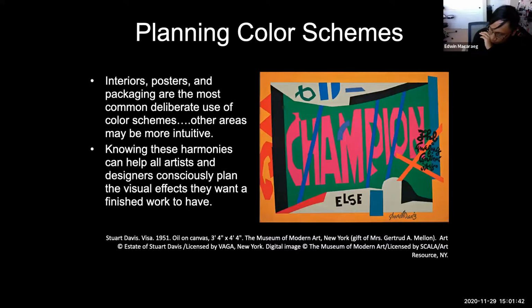And so many of these artists and designers plan out their color schemes in advance to make a more harmonious color scheme. So in this example here, the artist is using different sets of complementary colors that are right next to each other. So we call that split complementary. The orange is very visible close to the blues, and the greens are close to the reds, and so on.